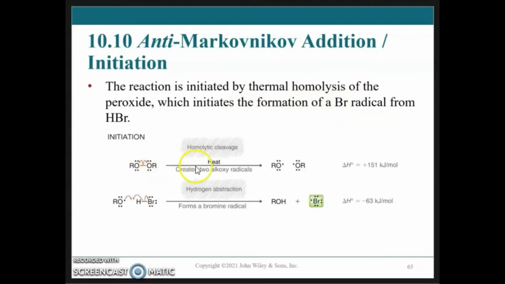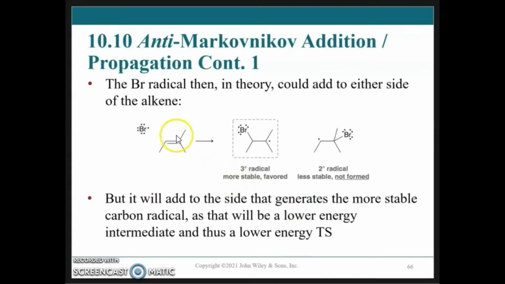So we have our homolytic cleavage of the peroxide, that peroxide going on to abstract a proton from HBr to give us a bromine radical, which subsequently approaches the alkene and adds to the double bond in such a way to produce the most stable free radical intermediate, and that is the tertiary radical.